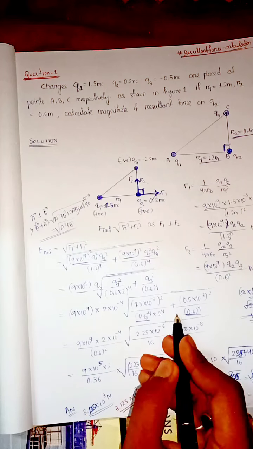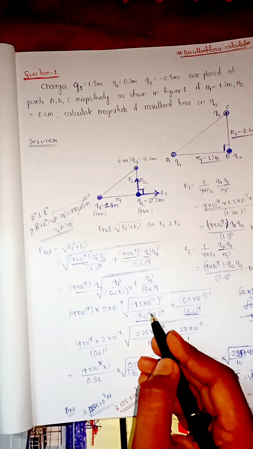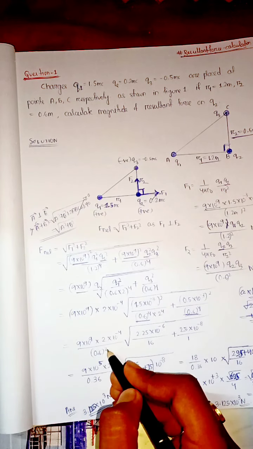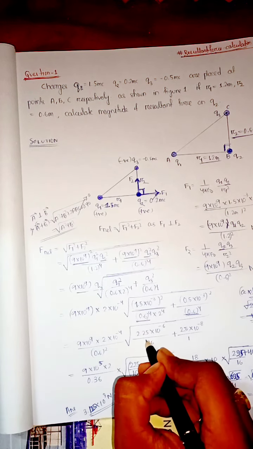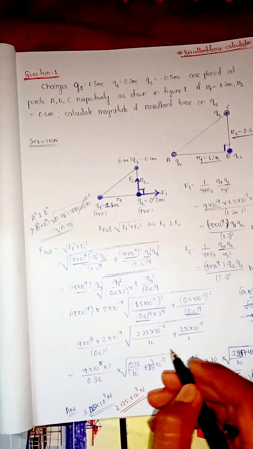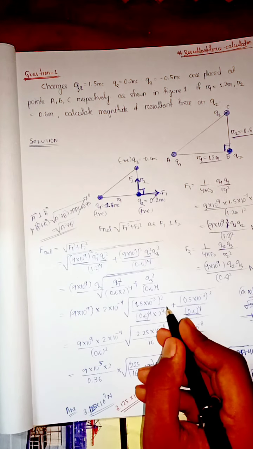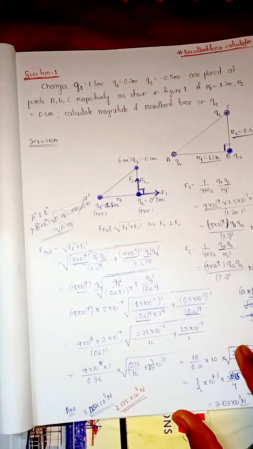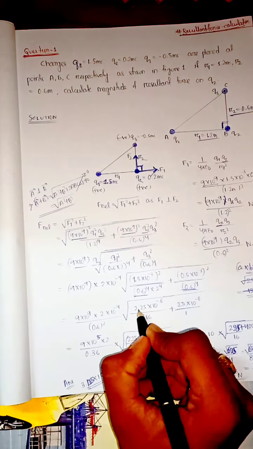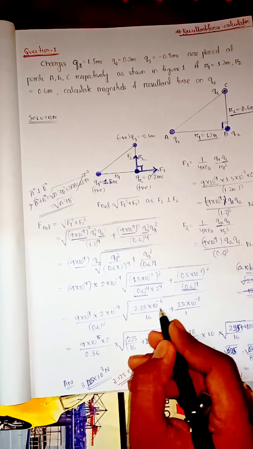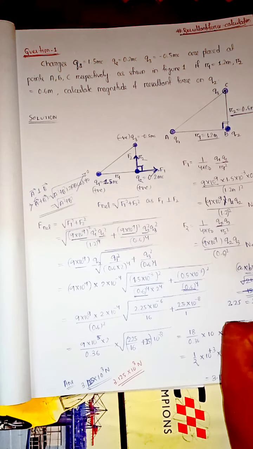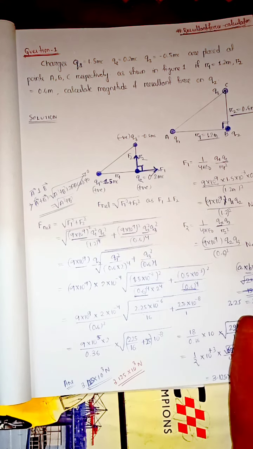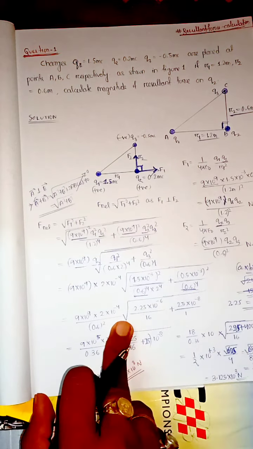As it is to the power 4, the square root will be to the power 2. Squaring this becomes this, and 2 to the power 4 is 16. Now 2.25 can be written as 225 into 10 to the power minus 2. I am using this.